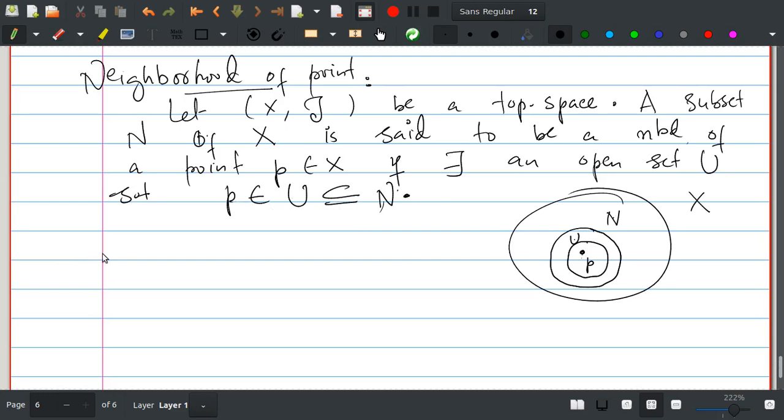For example, let us consider the usual topology.